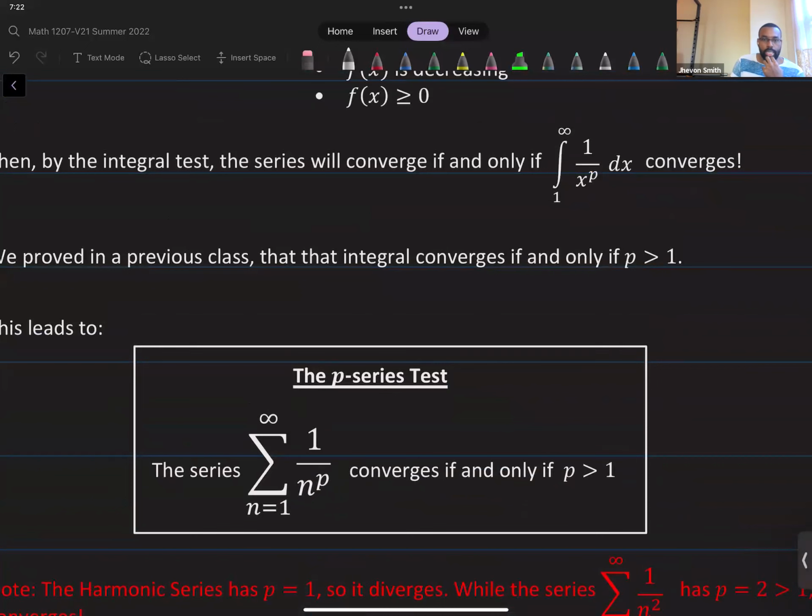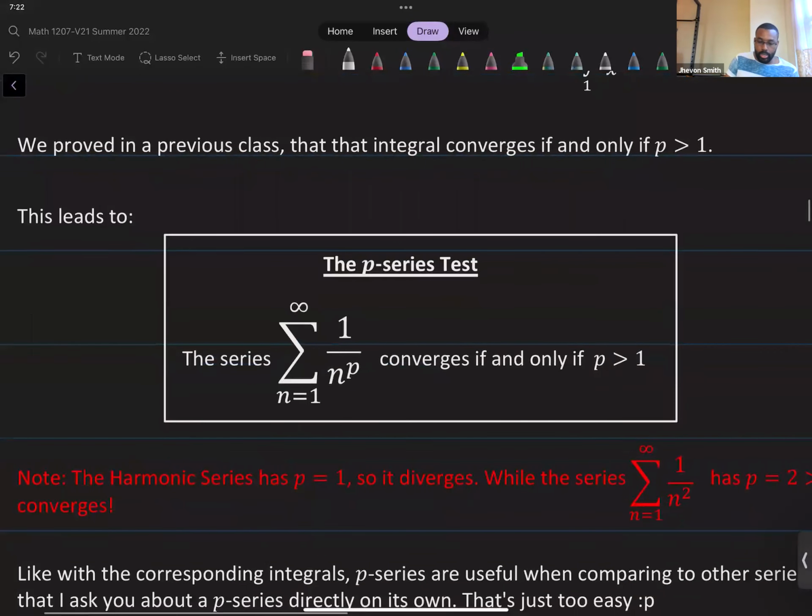So if you have a series that looks like this form specifically, it converges if and only if your p is greater than 1. And we actually can know that from the integral test, right? Because the corresponding integral would be this guy. And we know that that guy converges for p strictly greater than 1. And so the integral test actually gives us another test that falls out.